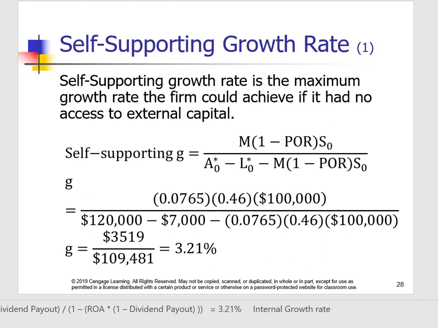So how can we calculate that? Again, we have our formula here. This is essentially our retained earnings, divided by the need for cash. That's 3.121%. If we also look here in my notes, I have another formula. You take the return on assets and multiply it by 1 minus the dividend payout ratio, divided by 1 minus that amount. 3.21% is the internal growth rate.